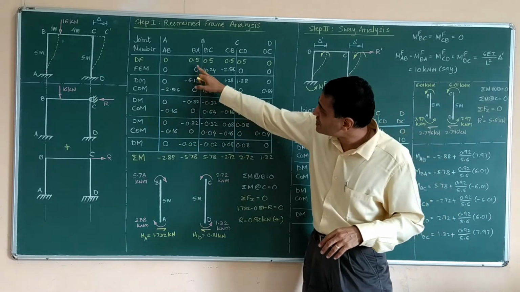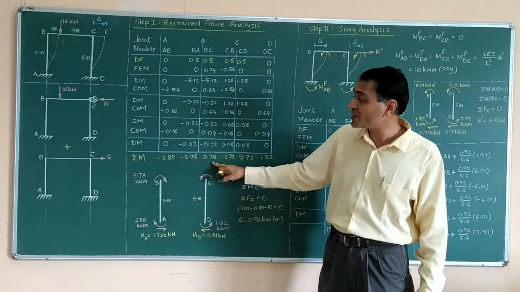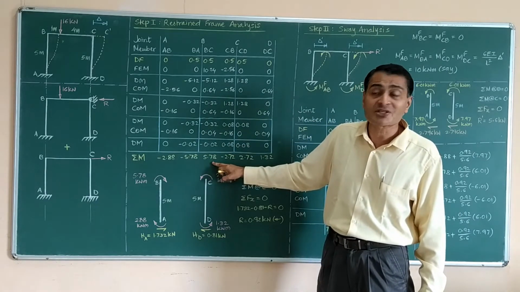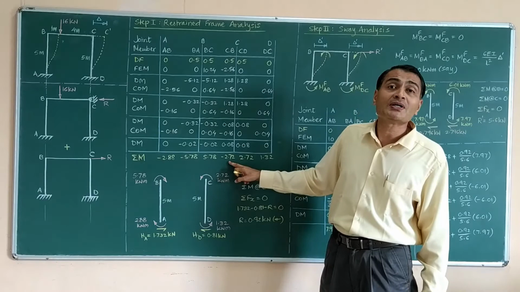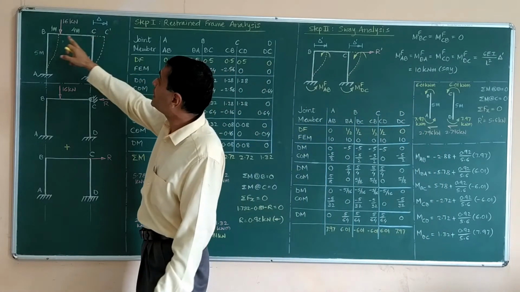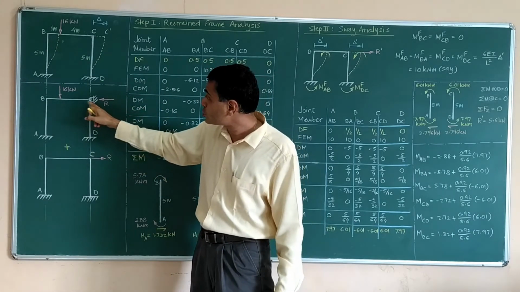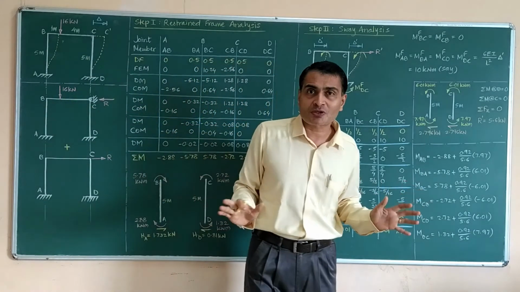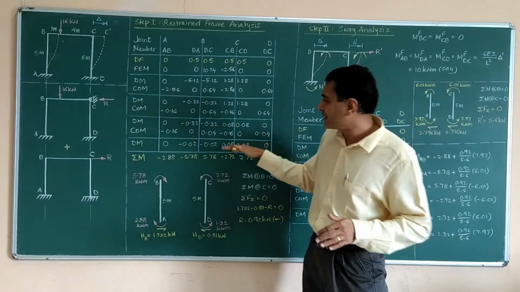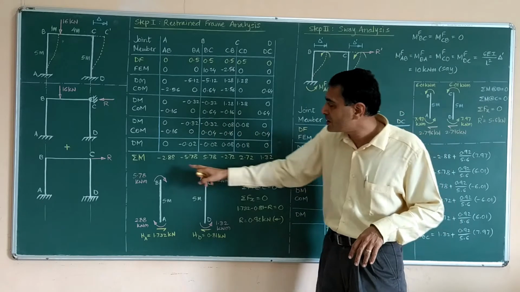And then I take a sum of these, I observe negative 5.78, positive 5.78, negative 2.72, positive 2.72. That means these two joints are balanced. So I stop my analysis, I take the sum here, I take the sum here.